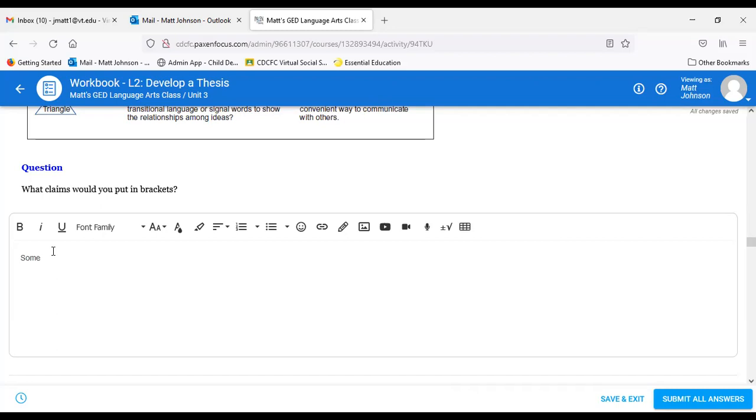So basically, some believe that social media may already be changing how people think and learn. That's how it went. Okay, and copy that.